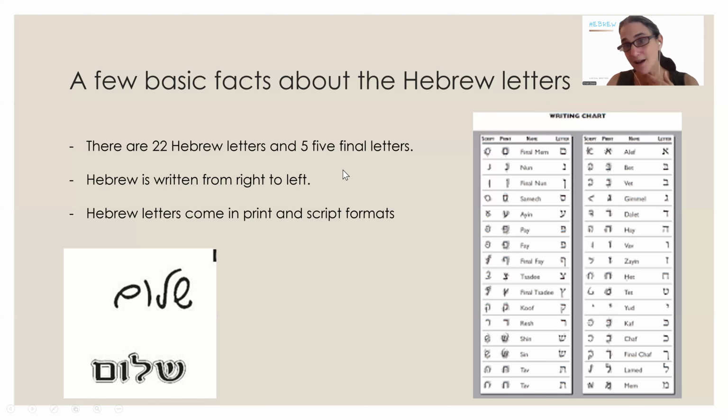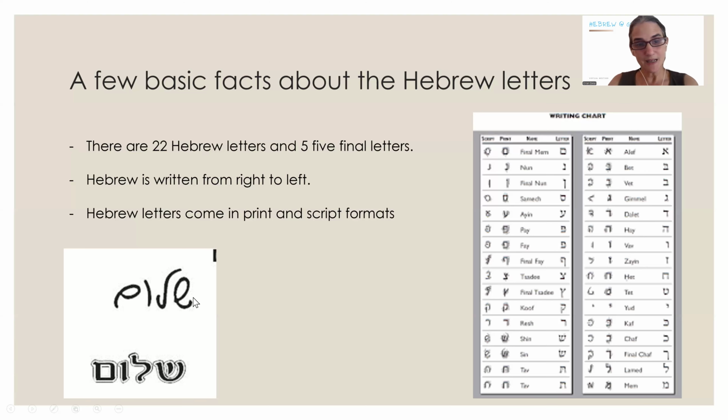Second thing is, Hebrew is a Semitic language written from right to left, just like Arabic, Aramaic, and other Semitic languages. Also, Hebrew letters come in print and script forms. Meaning a letter can be a little bit different whether you see it printed in a book that you read, or when you write it.